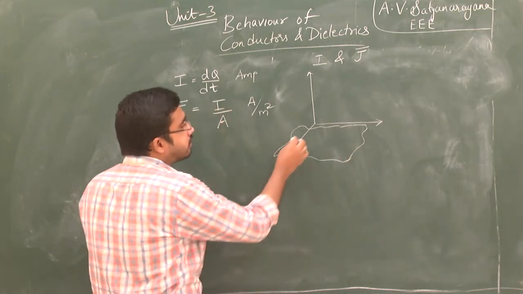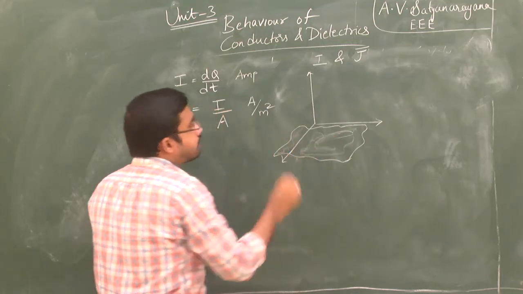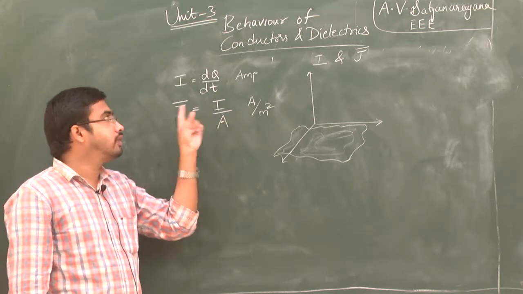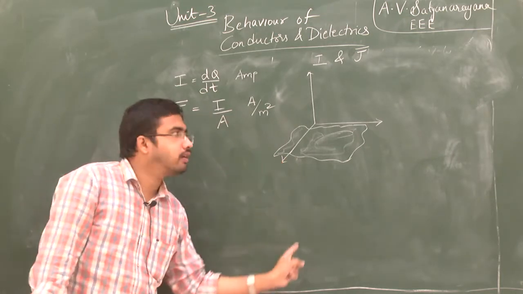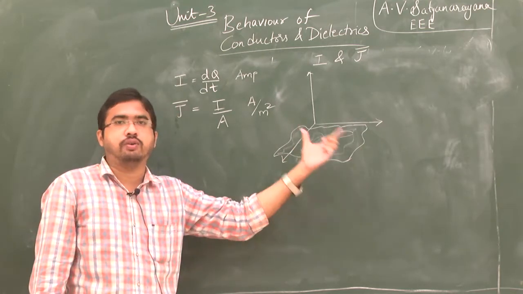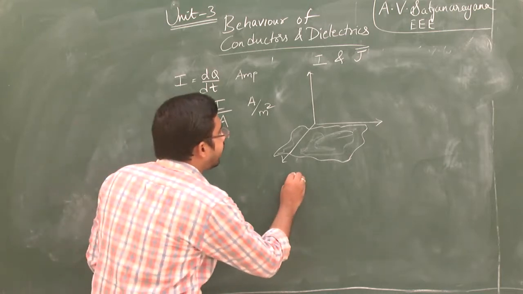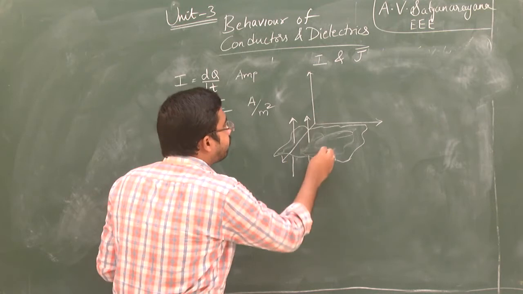This is some surface you are considering. Okay. So how have we defined the direction of current in this current density? The current should always be perpendicular to the plane or surface that you are considering. In the definition only we have defined that. So you should take the direction of current as perpendicular to the plane.